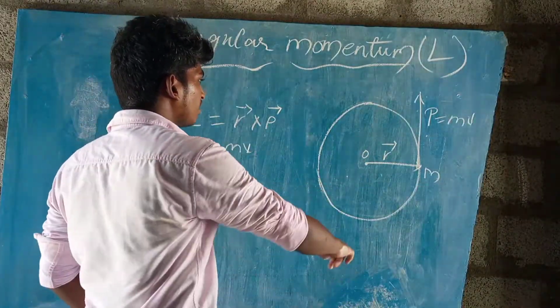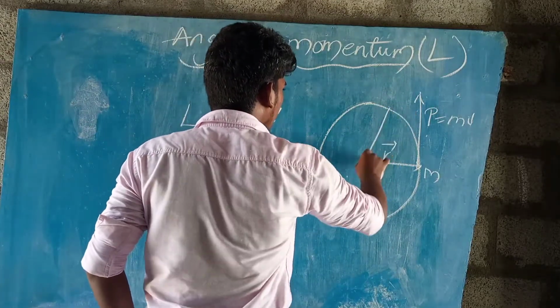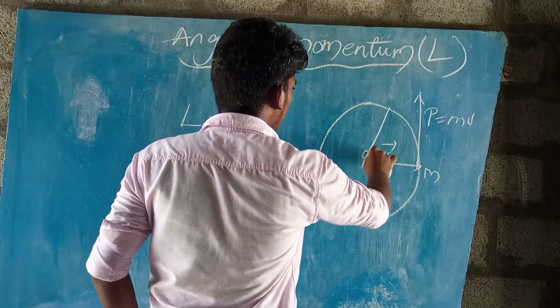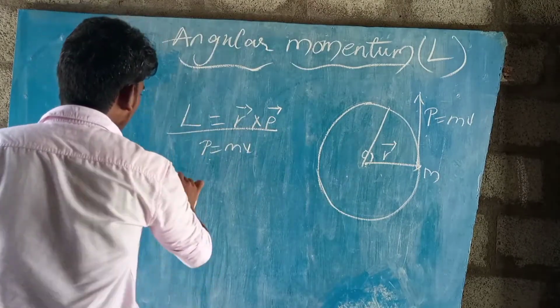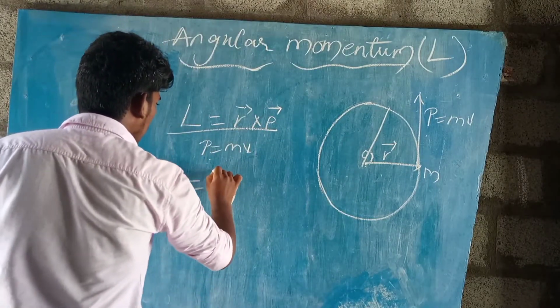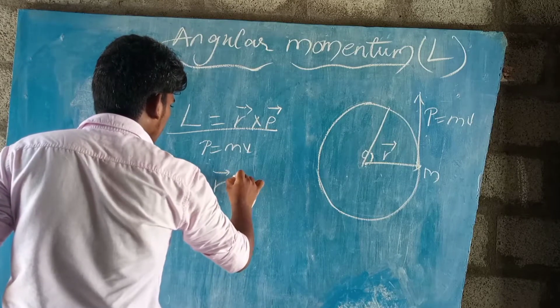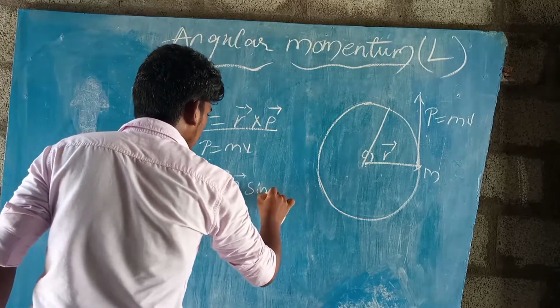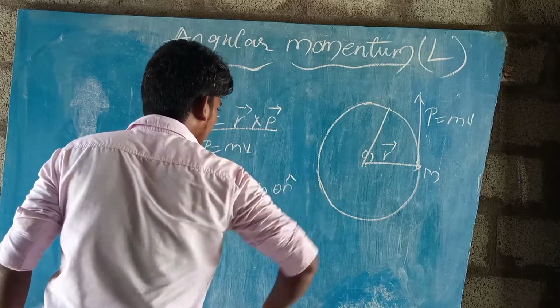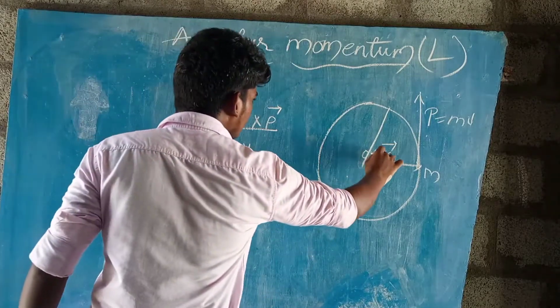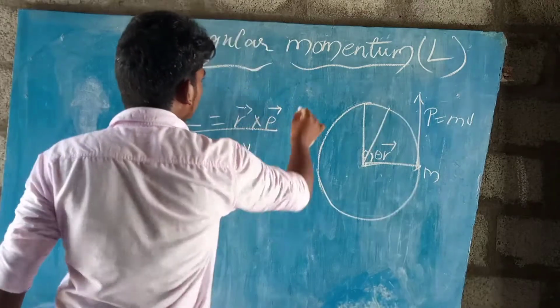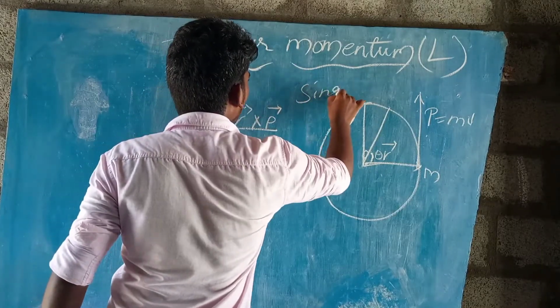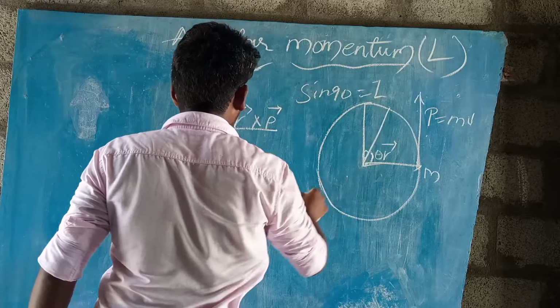If this particle makes an angle theta with the axis of rotation, then this equation can be written as L is equal to r p sin theta n cap. If this theta becomes 90 degrees, that means sin 90 is equal to 1.